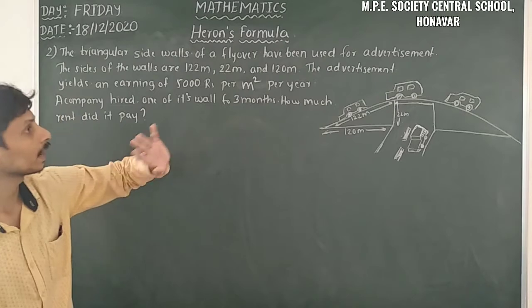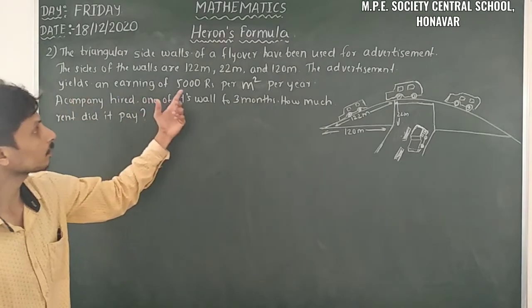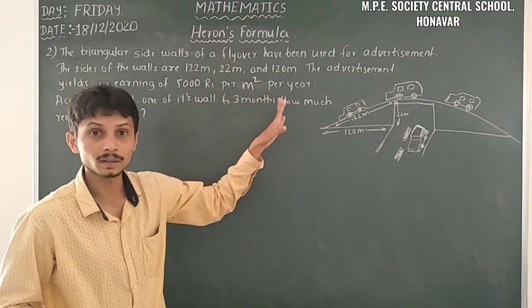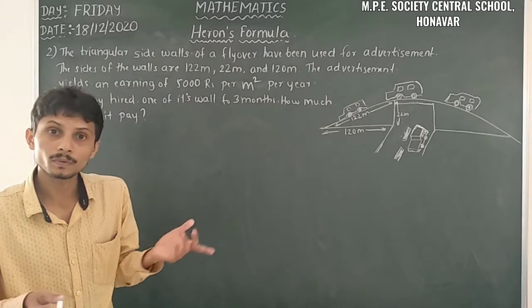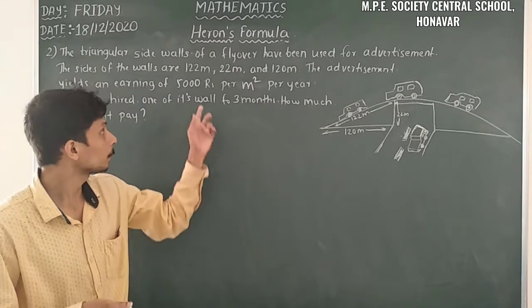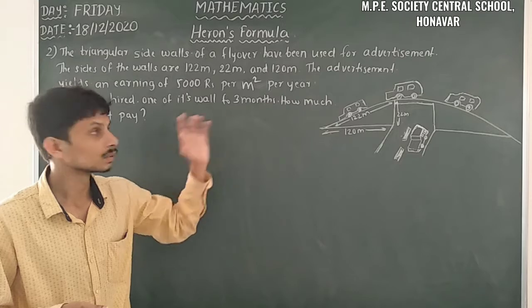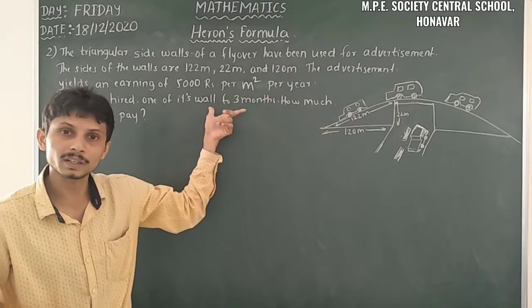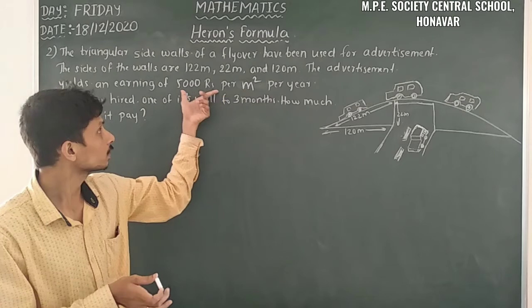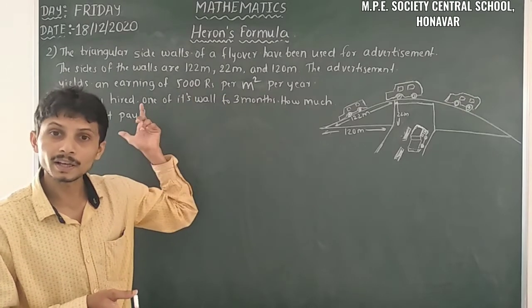And the advertisement yields an earning of 5,000 rupees per meter square. So the company has to pay 5,000 rupees per year, per meter square area, whatever the company hires.